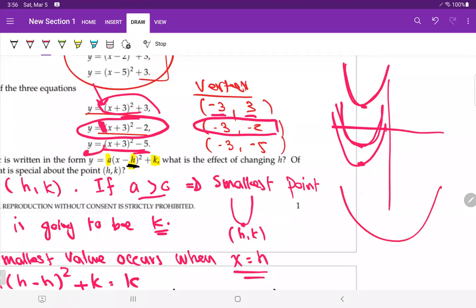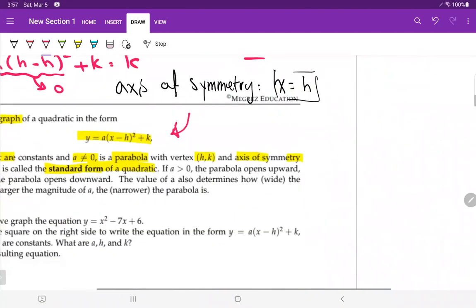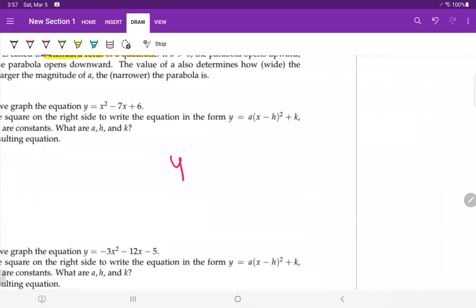It's not wide and not slim, because the number here is just 1. So you can immediately think about the parabola. If I give you a function, you can immediately tell me what's happening.